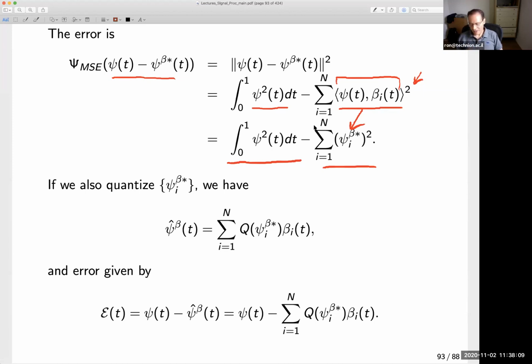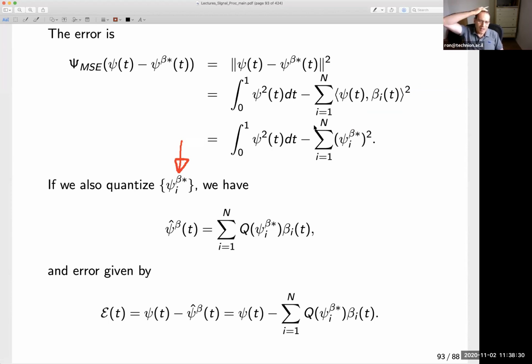Okay, now what happens if on top of that we also have to quantize these numbers? So assume that you are no longer allowed to have any possible number, but you introduce a new source of error, which would be the quantization of these numbers. So again, as we did before, we go back to the Max-Lloyd k-means and we do the quantization.